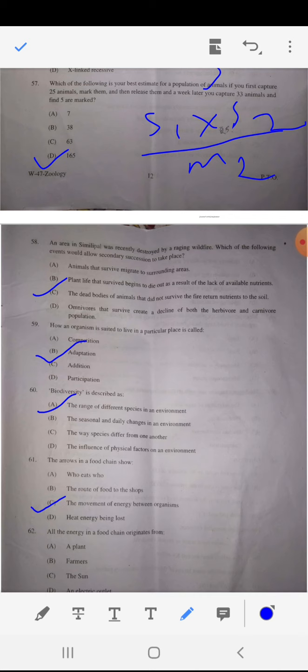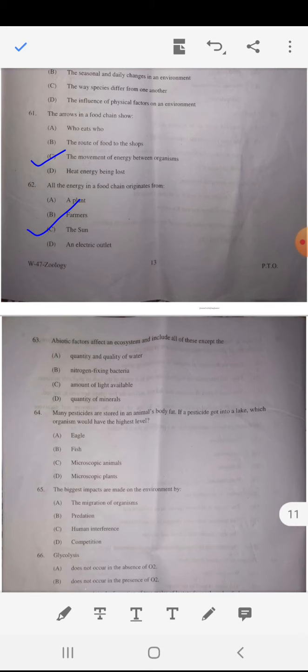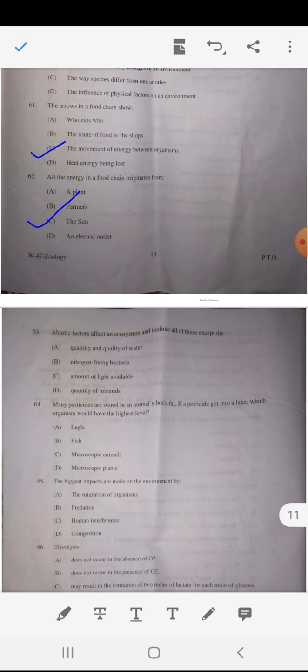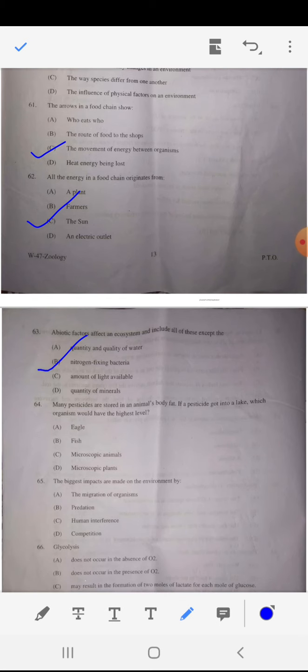Then question number 62: all the energy in a food chain originates from, here the correct answer is option C, the sun. Then question number 63: abiotic factors affect an ecosystem and include all of these except the, here the correct answer is option B, nitrogen fixing bacteria.